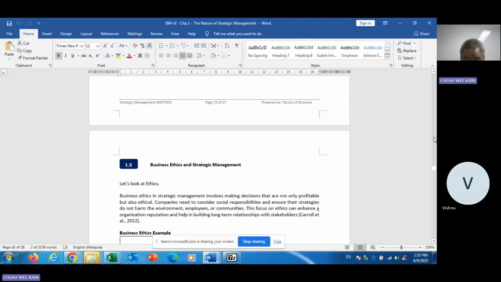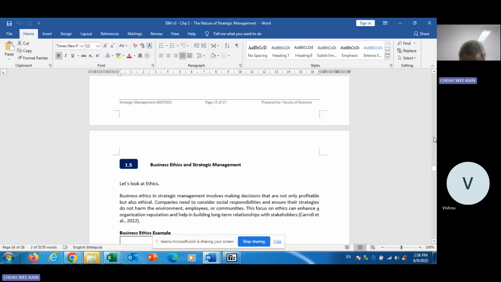Then we have to monitor whether people are actually following it, because you may have a code but nobody follows it. So you must have rewards for those who follow and penalties for those who do not follow the code of ethics or code of conduct.